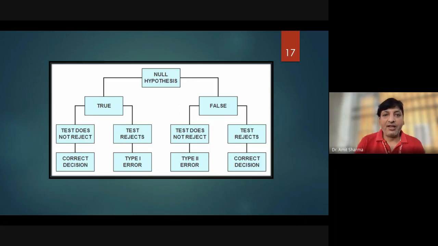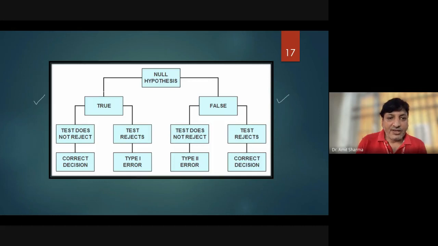If significant, then our null hypothesis is rejected or not rejected. So the null hypothesis will be on the top. Either you will fall on this side when it is true, or on this side when it is false.